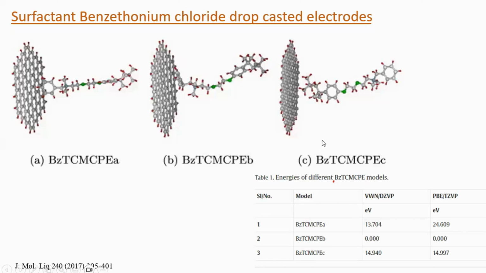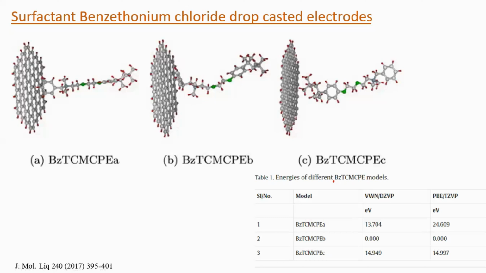So we don't know, right? But if we use the quantum chemical models, again we can see the lowest energy conformation. Here you can see when there is a pi-pi interaction, we can see the lowest energy. That means when I perform the experiment, most probably the surfactant is present on the carbon surface in this manner.